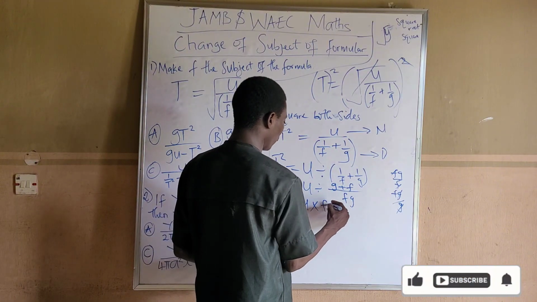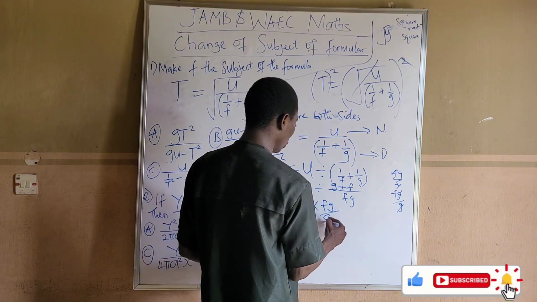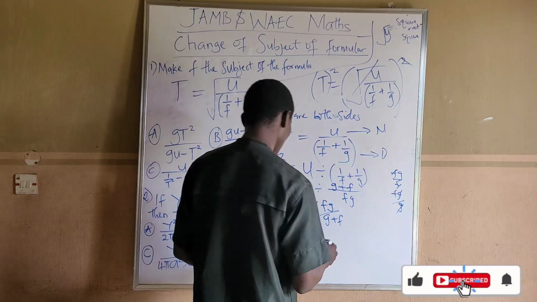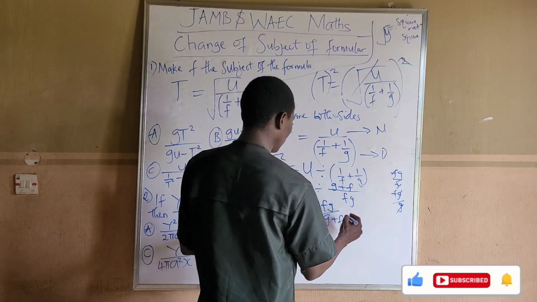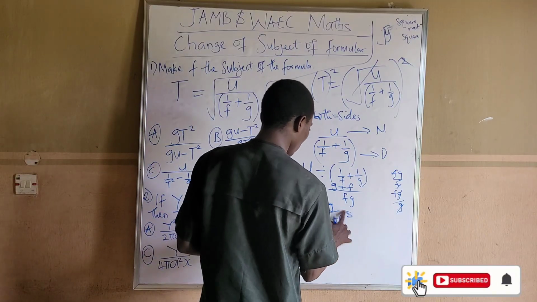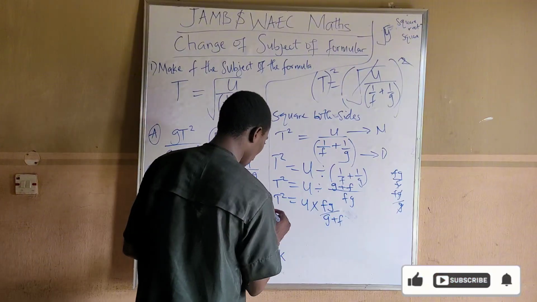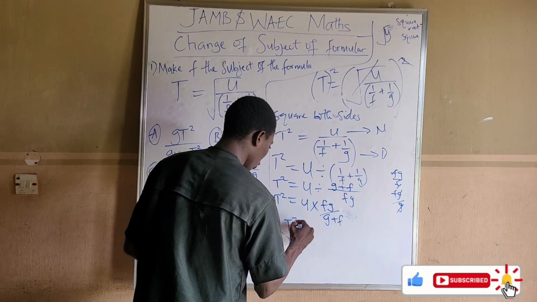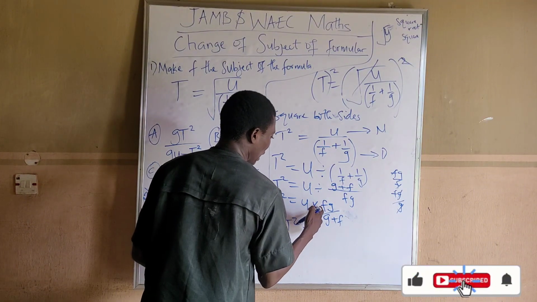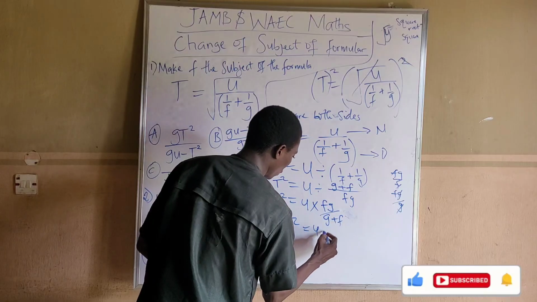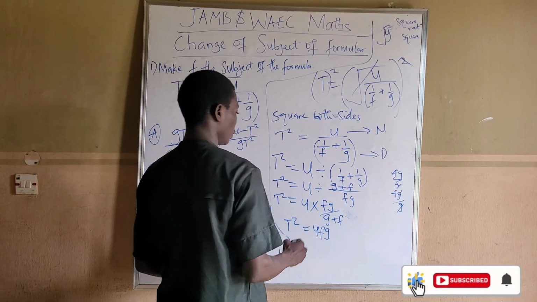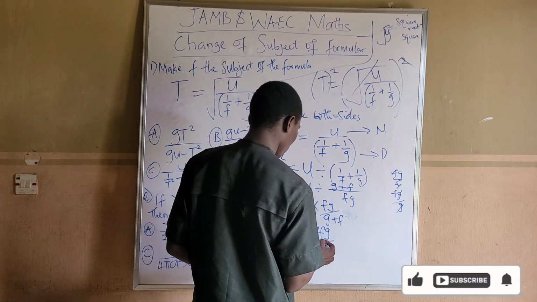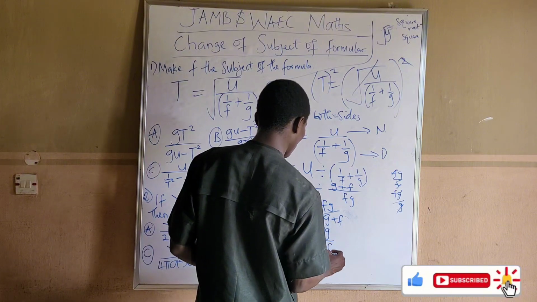That will be fg over g plus f. Okay, and this give us what? So this give us t square equals to u times f times g. That will be ufg over g plus f.